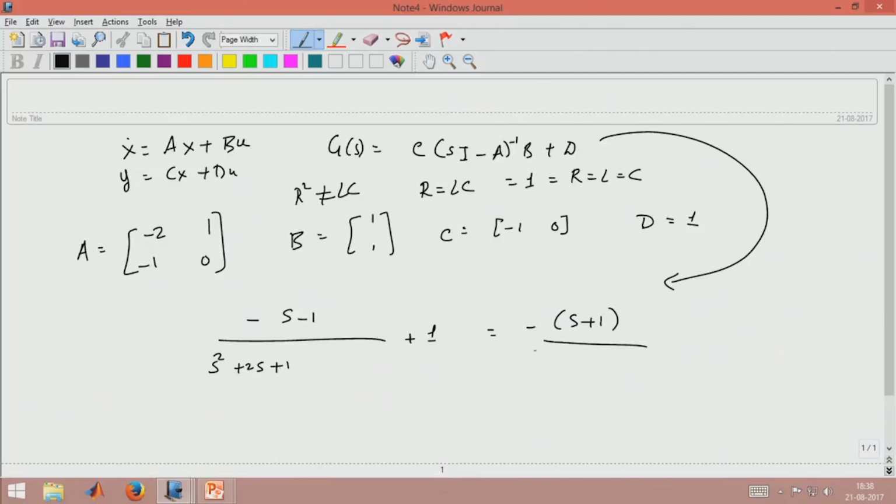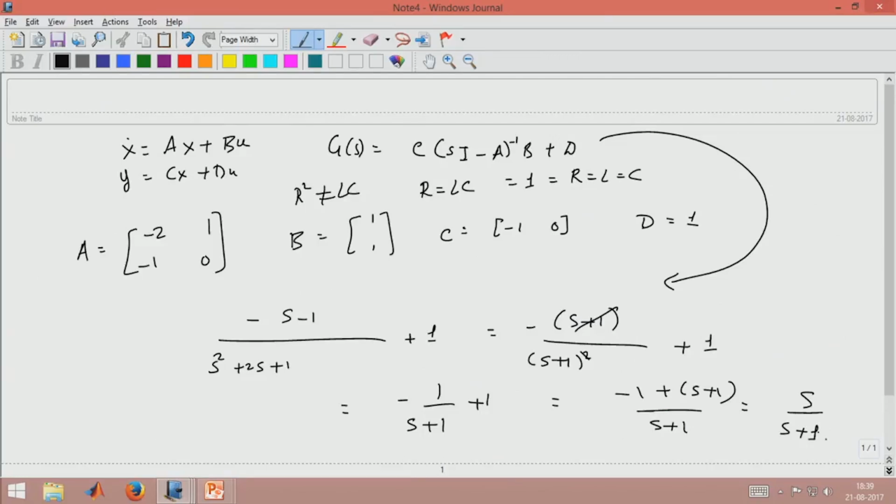What is on the denominator? This is s plus 1 whole square. So this cancels out, and what I am left with is minus 1 over s plus 1 plus 1, and this is minus 1 plus s plus 1 over s plus 1, which is s over s plus 1.